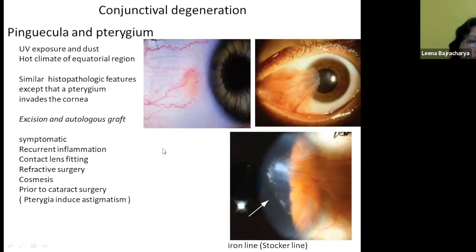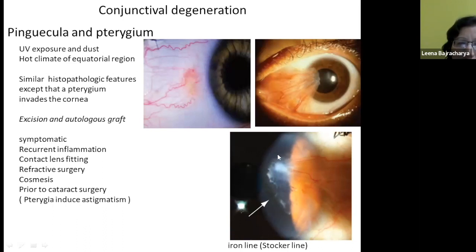Okay, so pterygium and pinguecula, as everybody knows, are the most common cause of conjunctival degeneration. We can see the fibrovascular tissue encroaching on the cornea, and this pale yellowish nodule is the pinguecula. Pinguecula and pterygium share common histological features as well as predisposing factors like ultraviolet exposure and dust, and they are more common in hot climate equatorial regions.